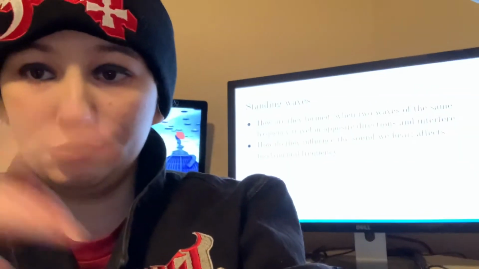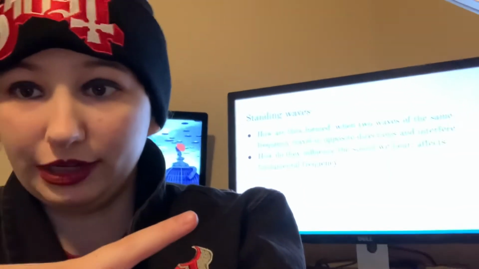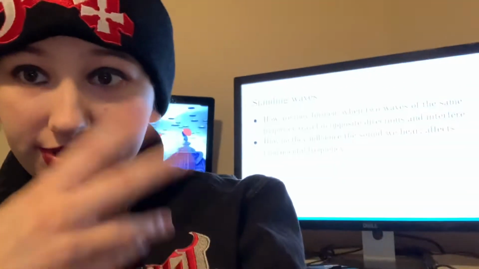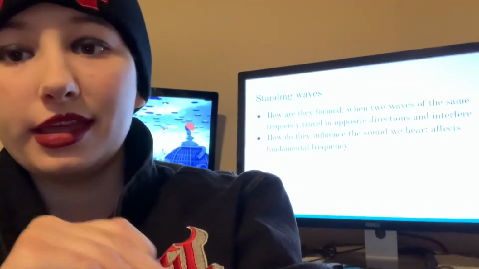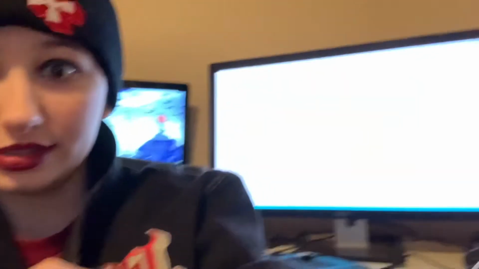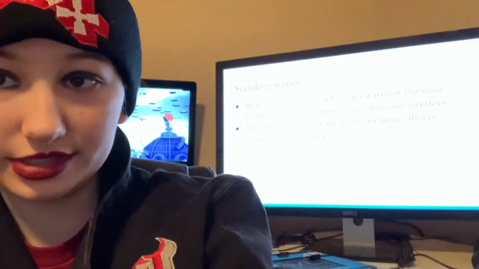So standing waves. What standing waves are is when two waves of the same frequency are going opposite directions, so they interfere with each other and make this new standing wave. And they influence sound because it's a wave. So there's sound waves, especially talking about fundamental frequency.